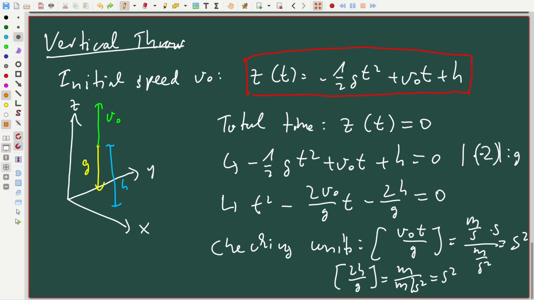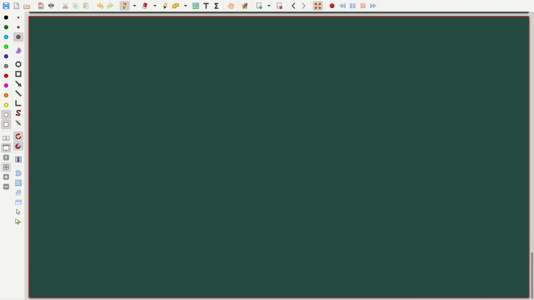So what we can do now, we can define our terms. This whole part here would be our p, and this whole part here would be our q. So we can write down our PQ formula. The general form is given as x squared plus px plus q, which is equal to 0.